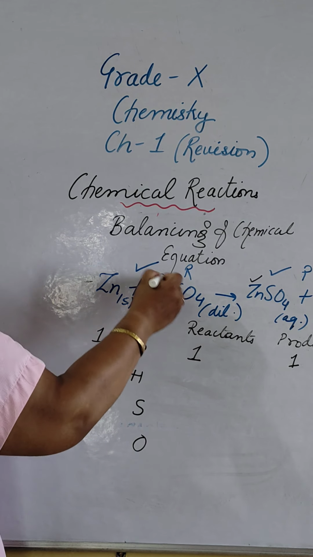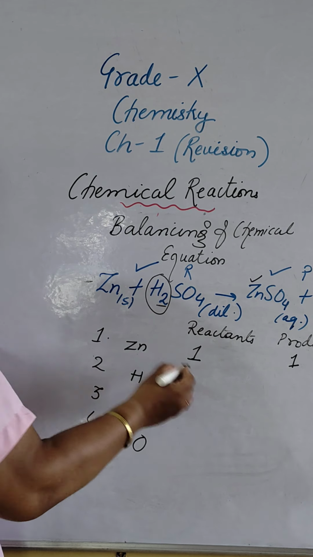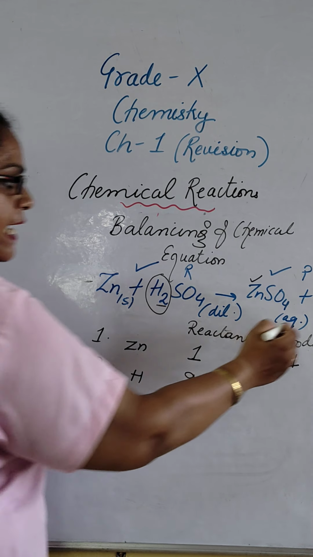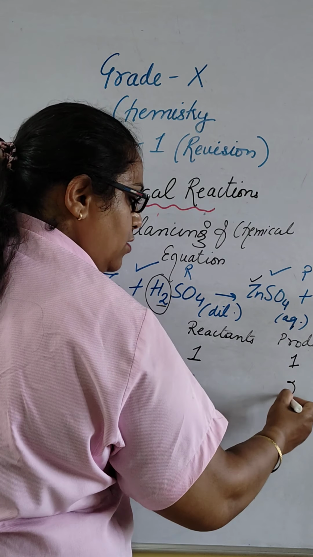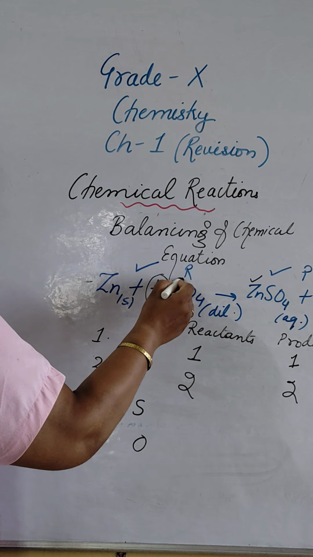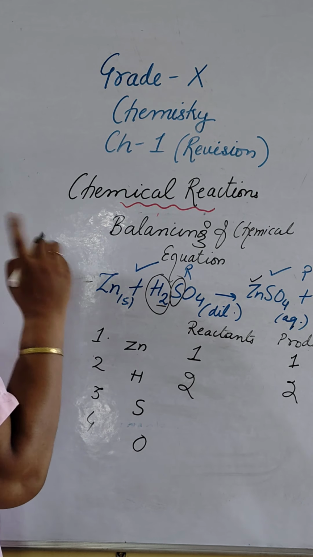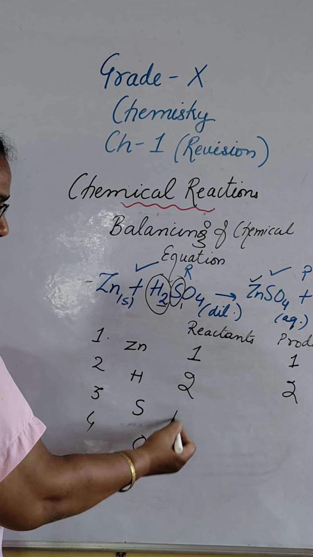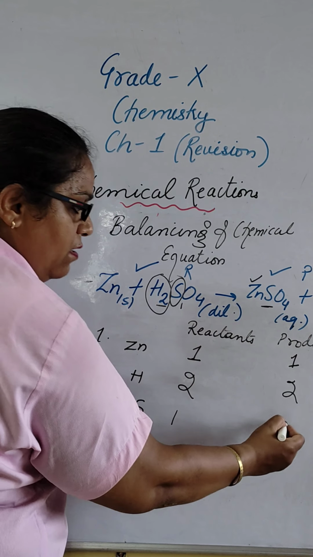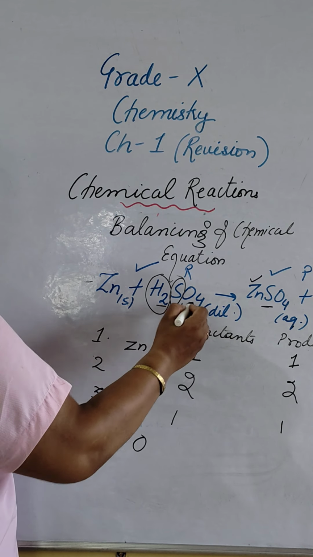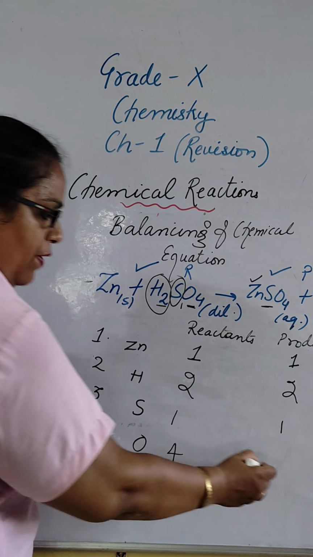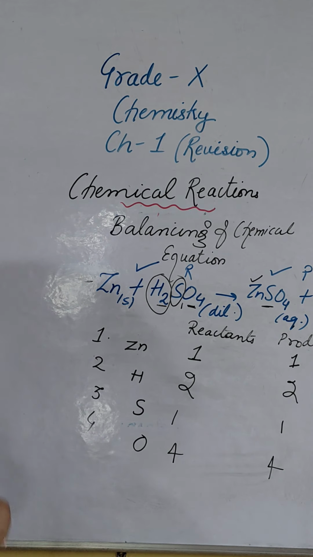Here, how many hydrogen? 2 is in parenthesis. Here also, how many hydrogen? 2. Here, how many sulfur? Nothing is written, which means 1. Here, how many sulfur? 1. Here, how many oxygen? 4. Here also, how many oxygen?